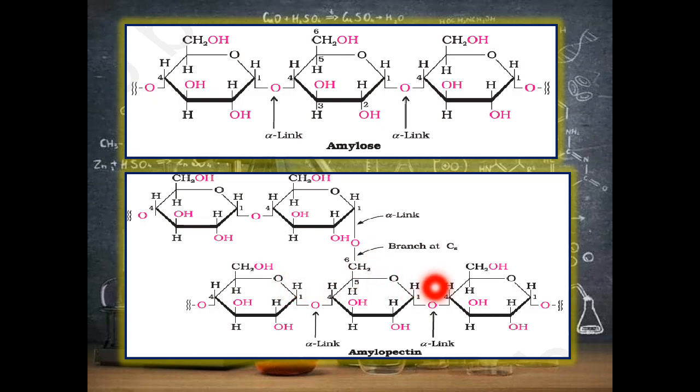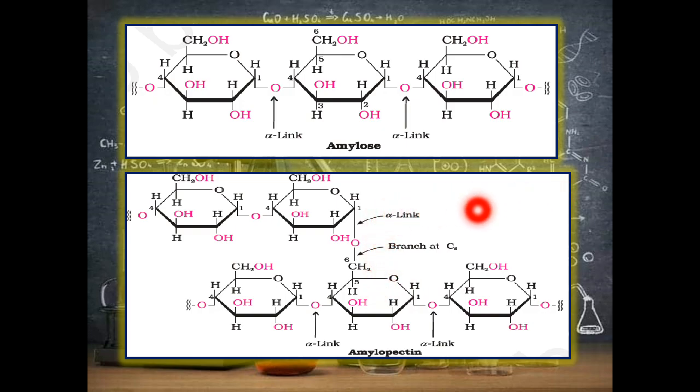Here below we have another chain. This alpha D plus glucose links with this, links with this, and the chain continues. These two chains are held together by a C1 C6 glycosidic linkage. So there is a branching. The terminal glucose molecule, the end glucose molecule of one chain, links with the other chain.